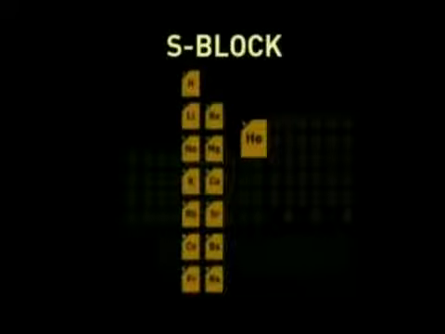The periodic table is divided into blocks based on valence electron configurations. Different valence shell configurations cause elements in different columns on the table to have different chemical and physical properties. The s-block elements all have the valence configuration s1 or s2.